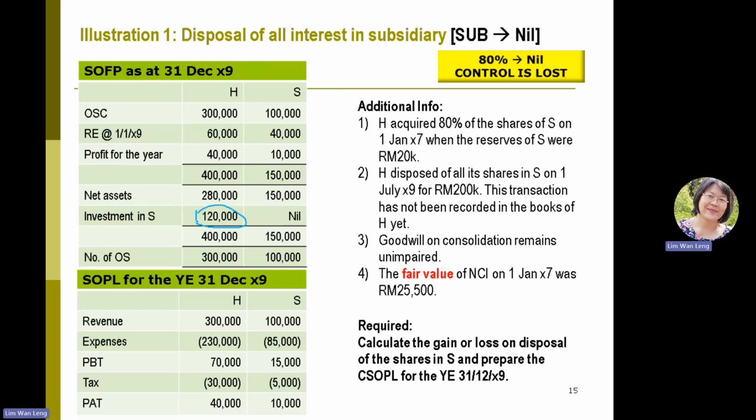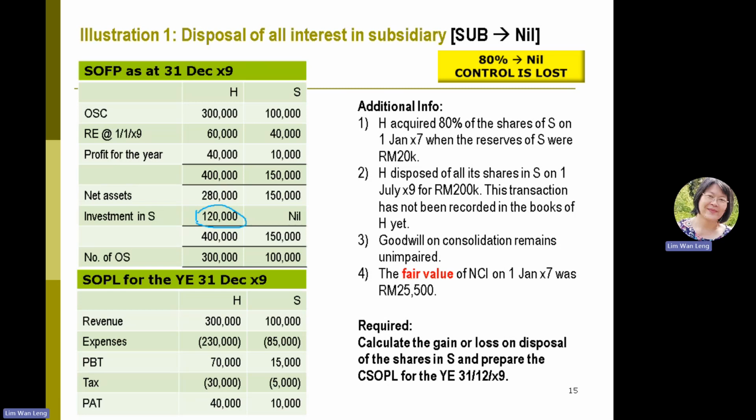So under the column of the holding, if you have this investment in sub, 120,000 here, 120,000 is your cost of investment. Of course, this particular cost of investment will never appear in the consolidated SOFP.